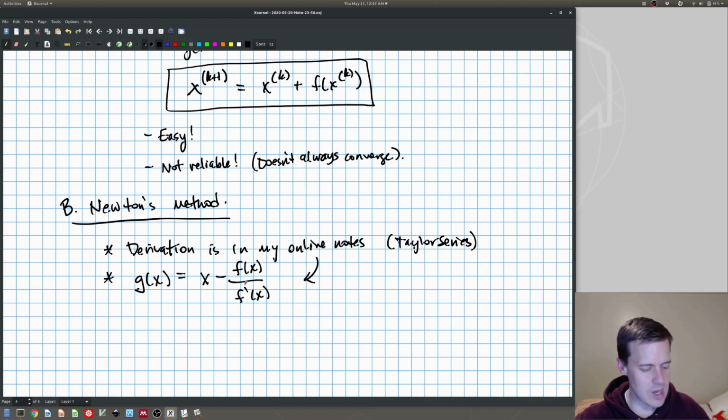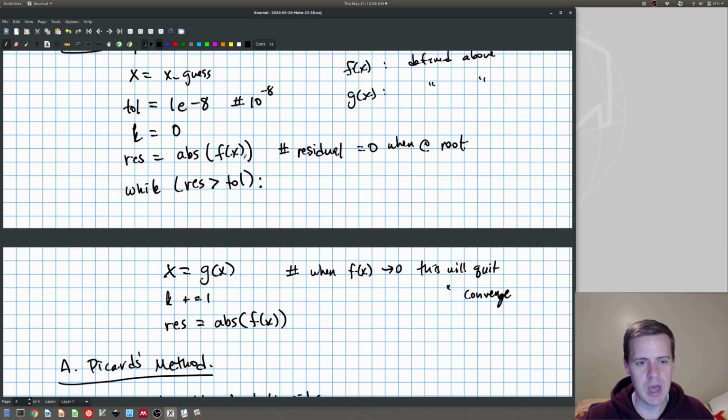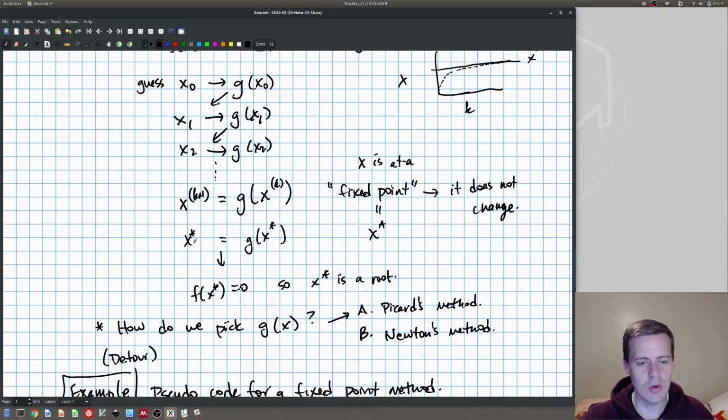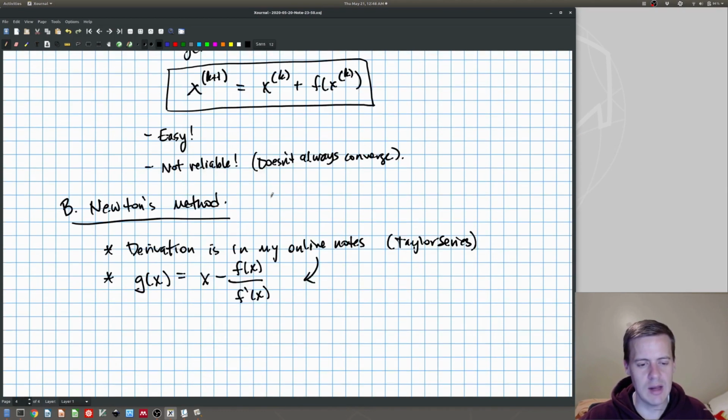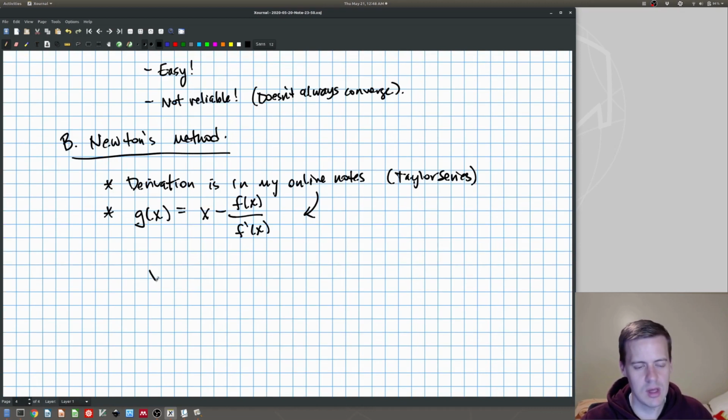Okay, and so then you can write down, if we follow the same pattern here, x at k plus 1 is equal to g of x at k, all right, I can write down x at k plus 1 is equal to x at k minus f of x at k divided by f prime of x at k.